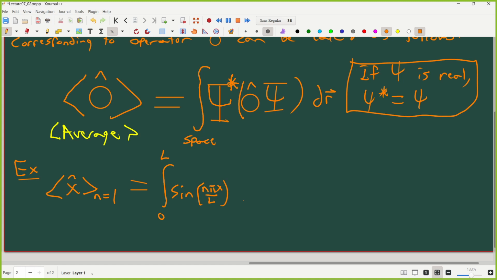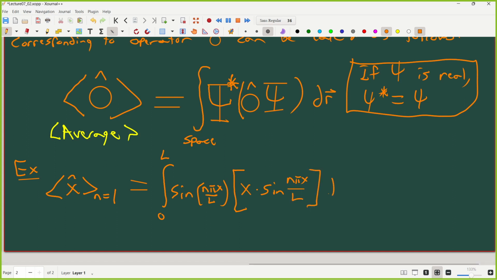And what's the operator for x? If we go back to that table that I wrote down a couple days ago or last week, the operator for x is just x. So we're going to take x and apply it to sine n pi x over L times dx.